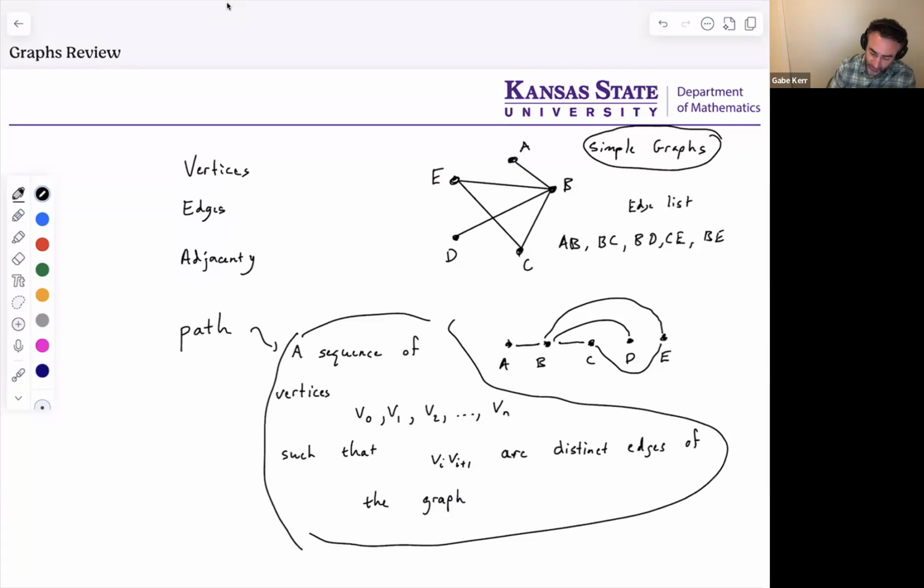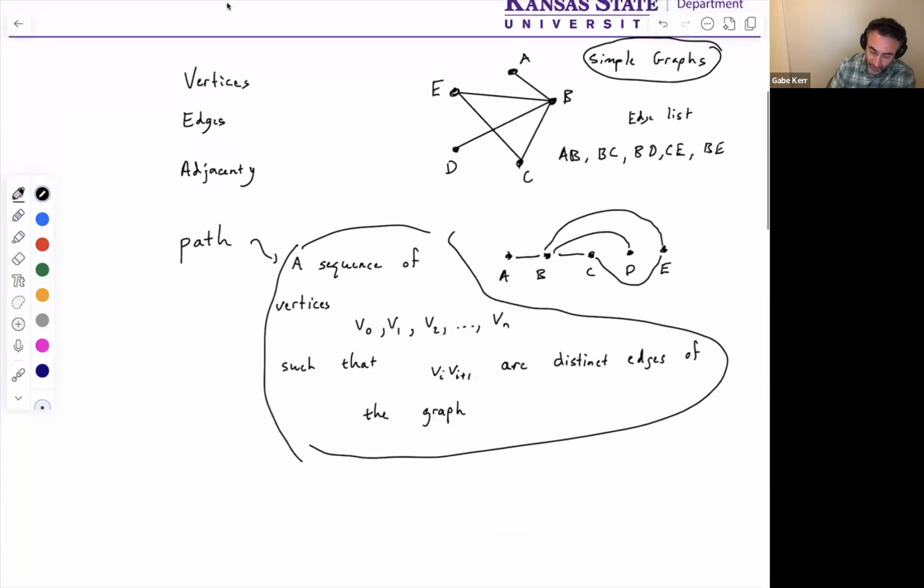So let's see an example with our simple sample graph. For example, I could do something like A, B, C, E, B. That's actually a path.